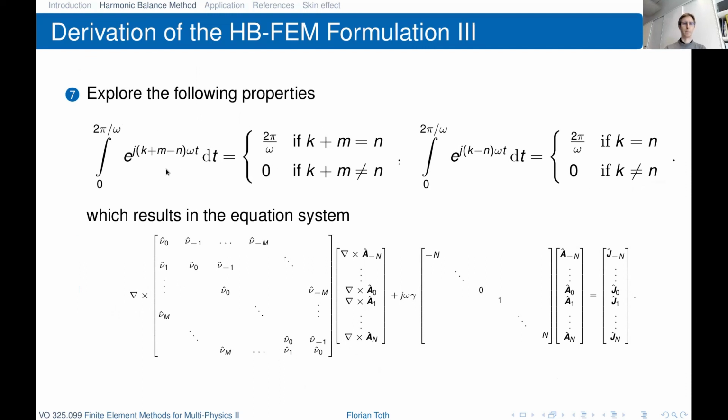If you do this integral over the exponential over a complete period, you see that often this integral will actually be zero and non-zero only for certain cases. And if you explore this property, you actually come up with a system that has the following shape.